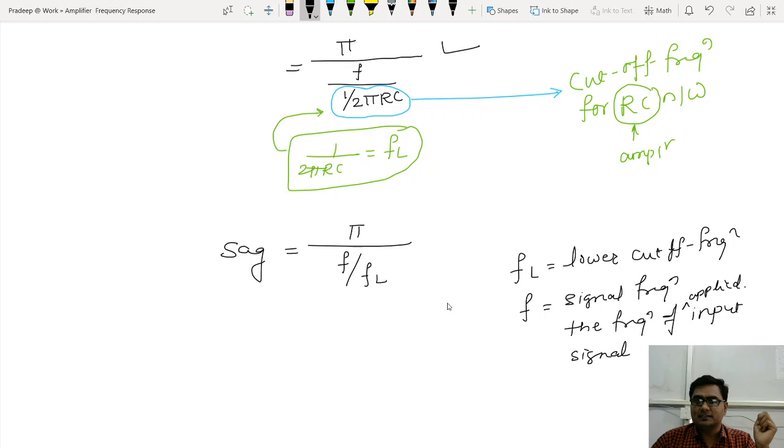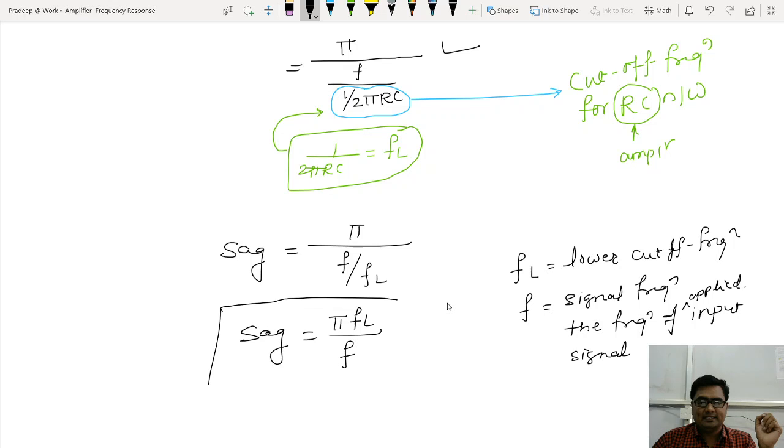So sag is equal to pi f divided by fL. Let me simplify this further.